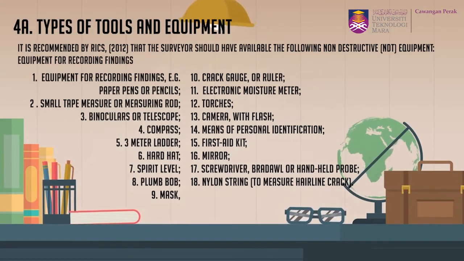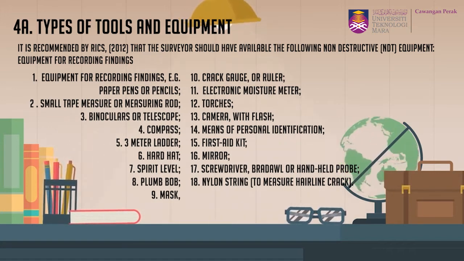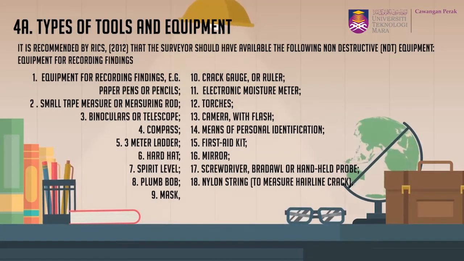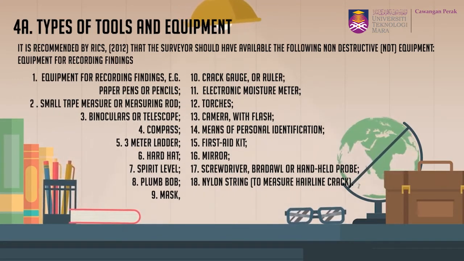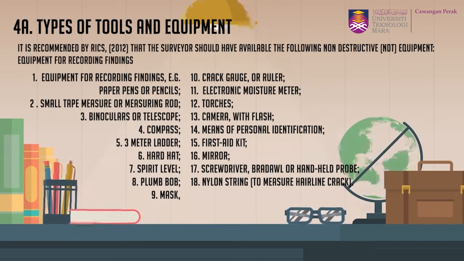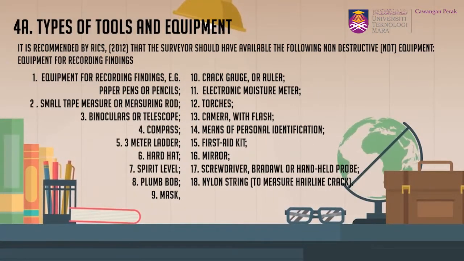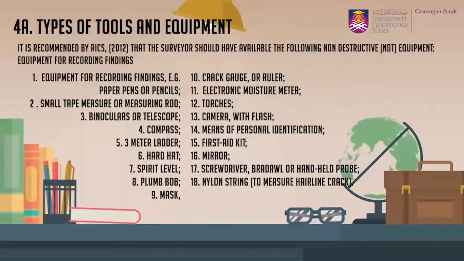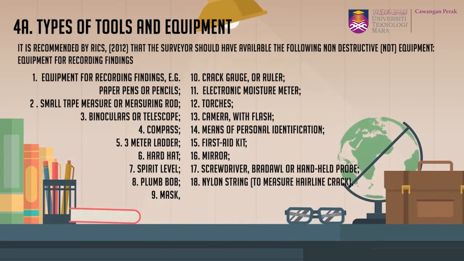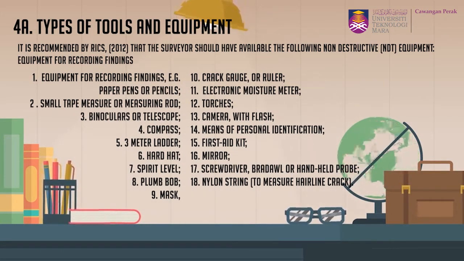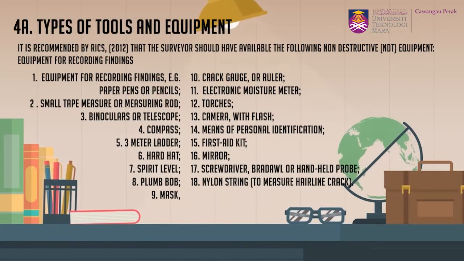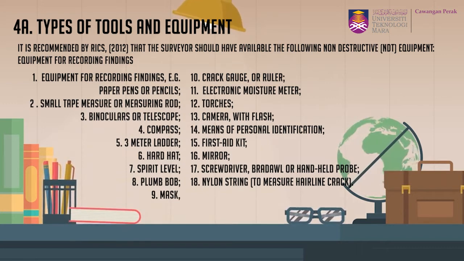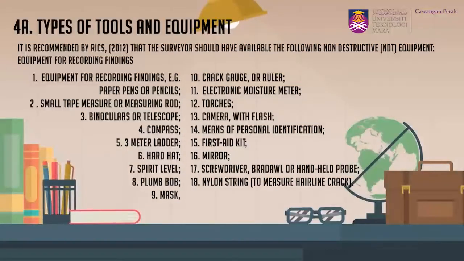For example, equipment to record your findings: papers, pens and pencils, small tape measure, binoculars, compass, a 3-meter ladder to assess a high place, a hard hat, spirit level, plumb bob, a mask if you are going to a confined space that most likely has contaminants, crack gauge, electronic moisture meter, torches, camera with flash if possible, means of personal identification, first aid kit, mirror, screwdriver, and last but not least, nylon string in order for you to measure hairline cracks.